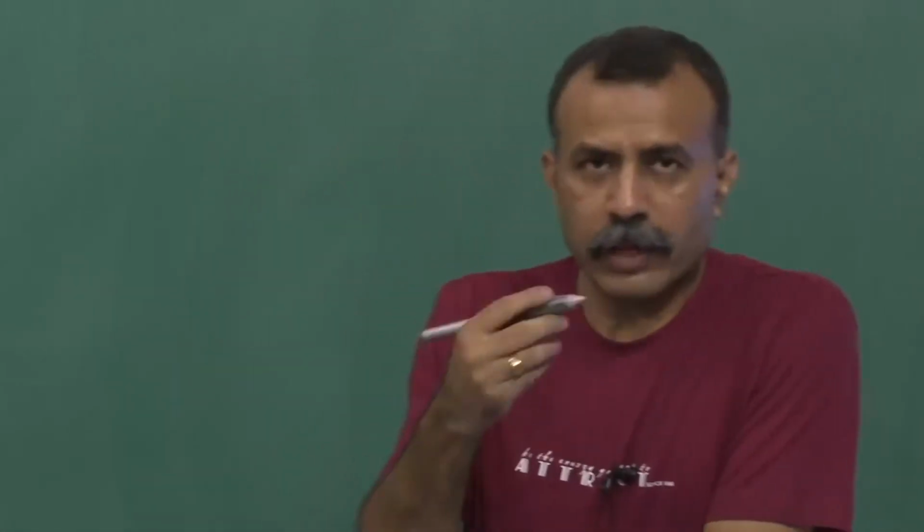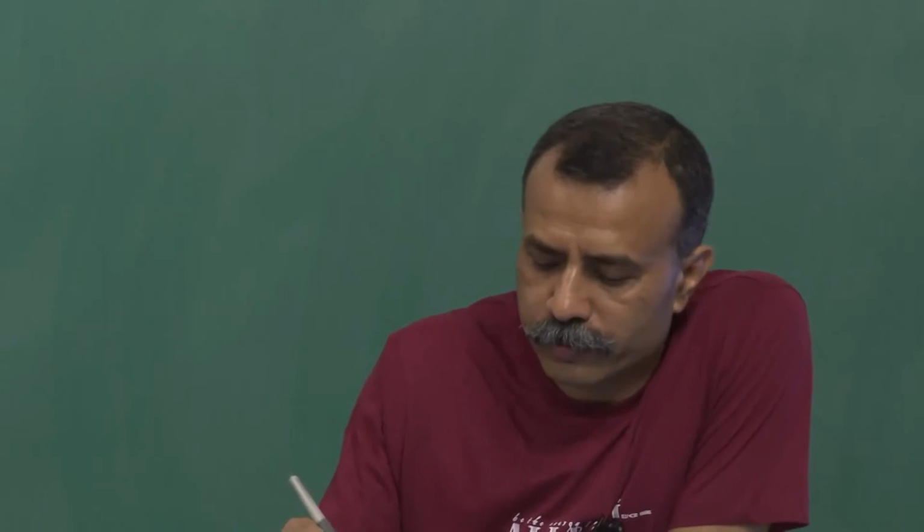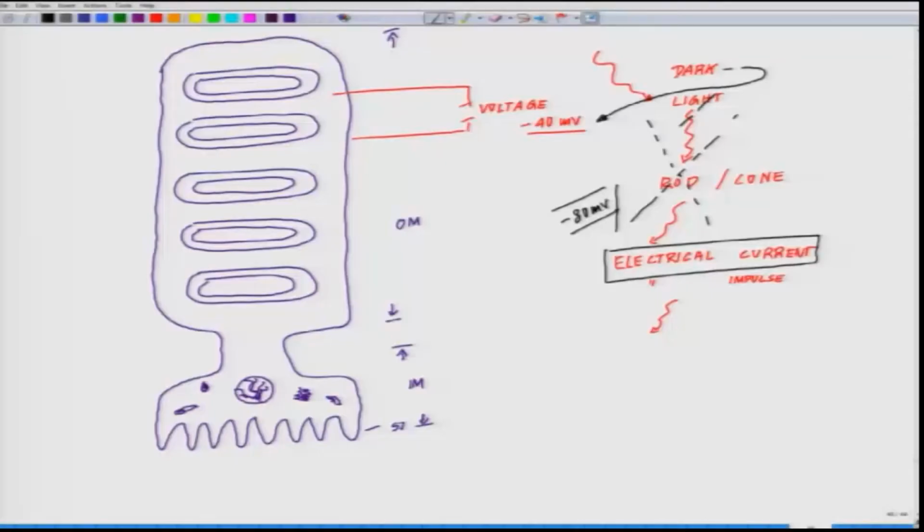So, let us correct this and then we will explain what that means. When there is dark, this one is not working, what we thought. Instead, what is working is that when there is dark, it generates an electrical current and that impulse is transmitted. Now, what does that mean?